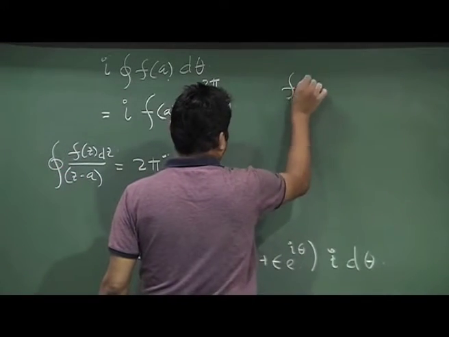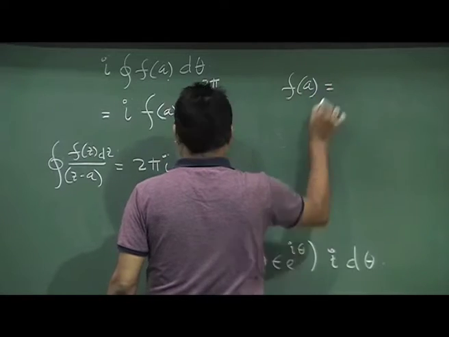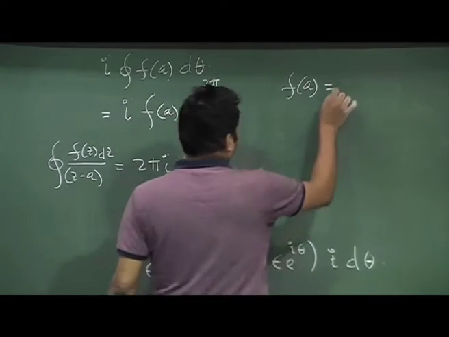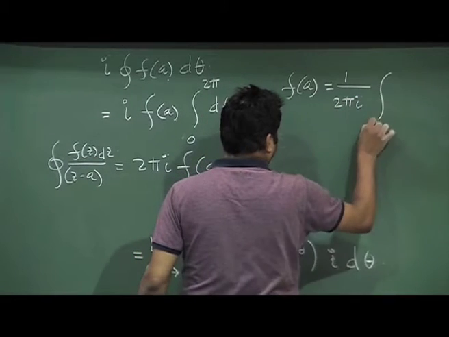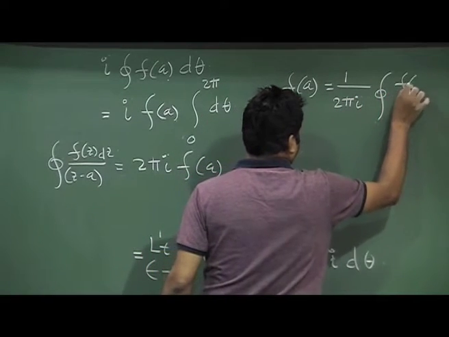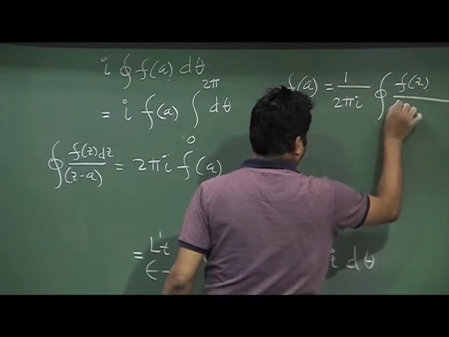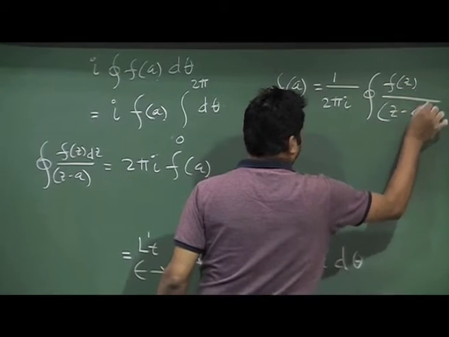So, this is nothing but the statement of Cauchy's integral formula that I wrote at the very beginning. So, f a is how much? 1 by 2 pi I, integration of f z over z minus a, dz.